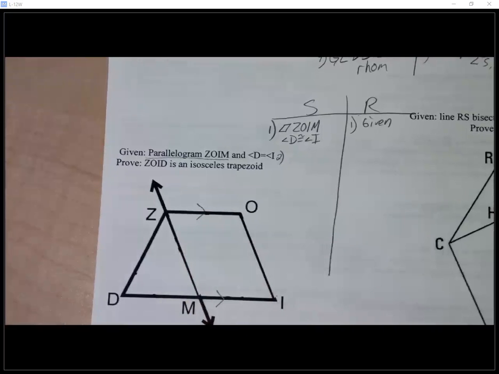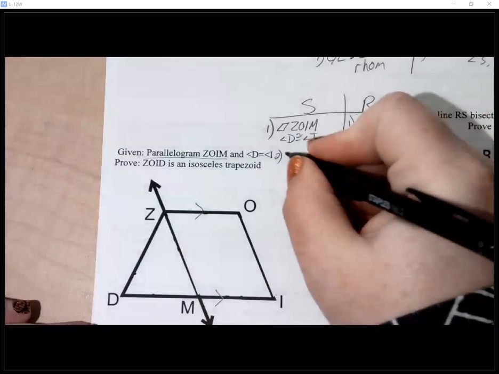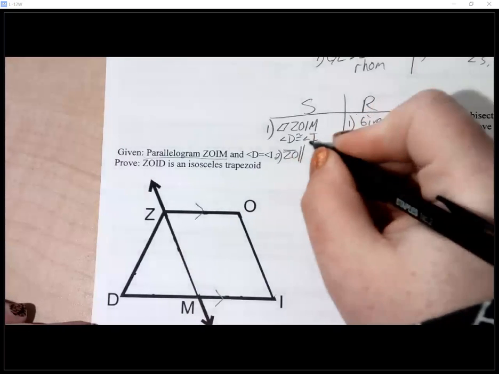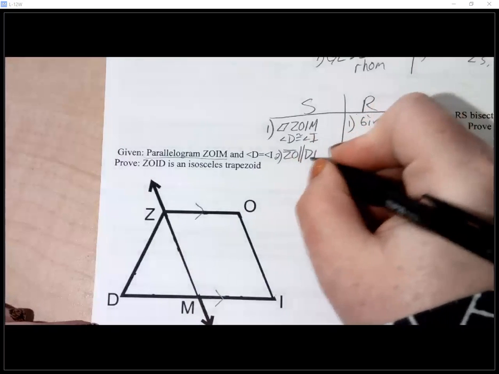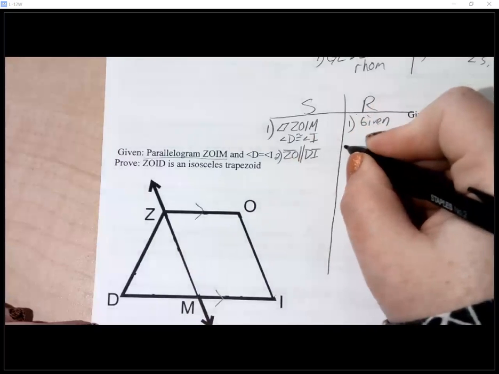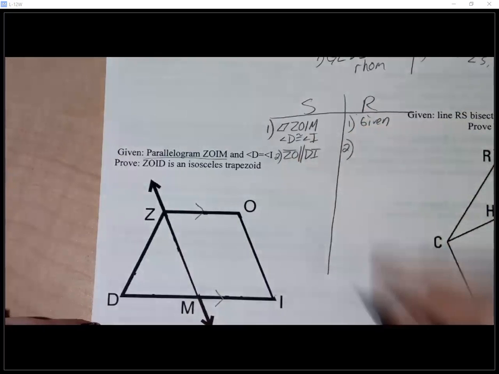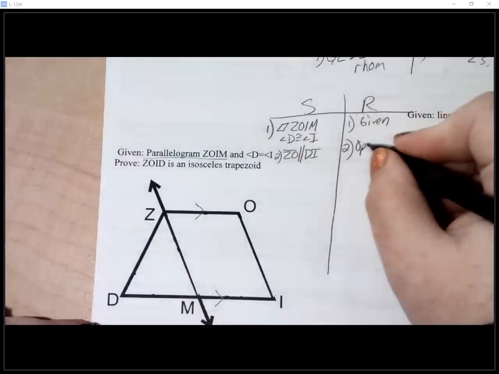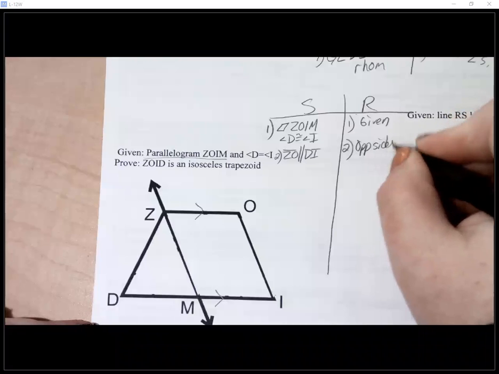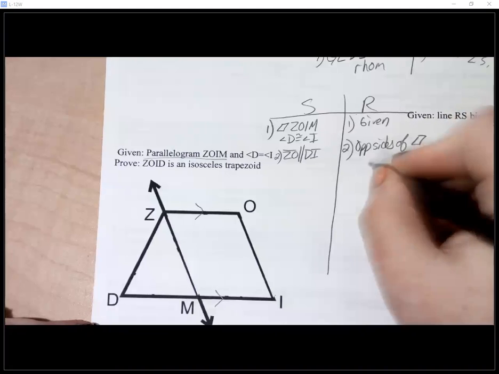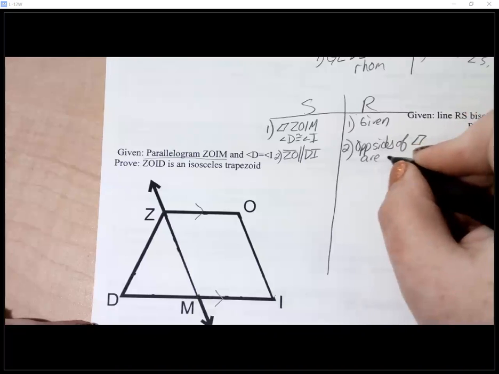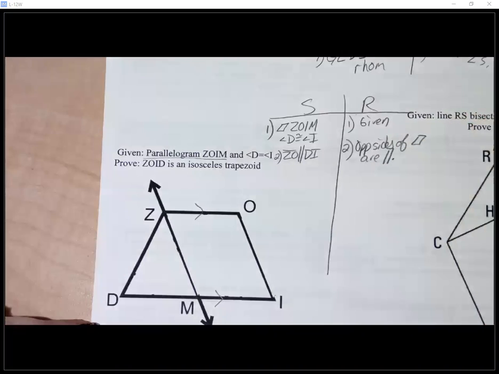So let's go ahead and say that ZO is parallel to, I'm even going to say DI. And all I'd say here, opposite sides of a parallelogram are parallel. I guess you could even get away with saying definition of parallelogram, because that is the definition of it, right?